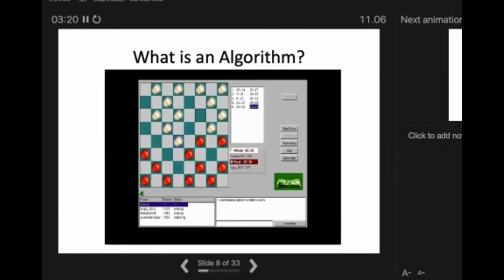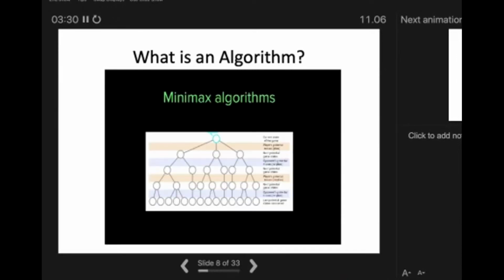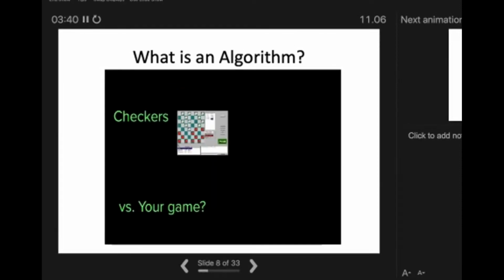Well, you could look at checkers games for inspiration. Computer scientists have figured out how to write checkers programs that never lose by using the Minimax search algorithm to search through the huge tree of possible moves.